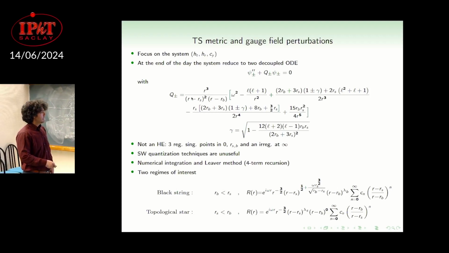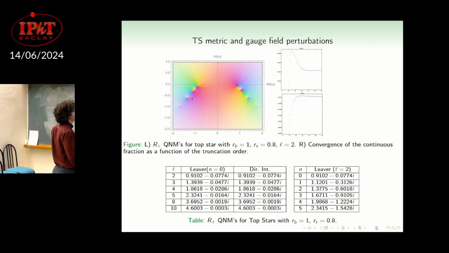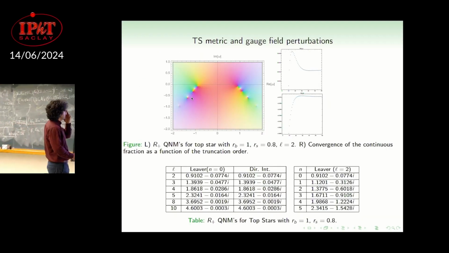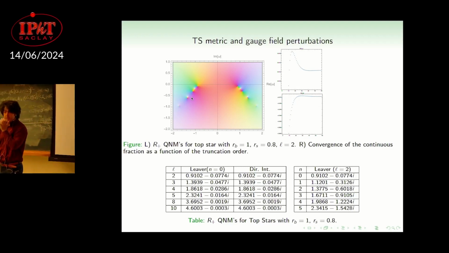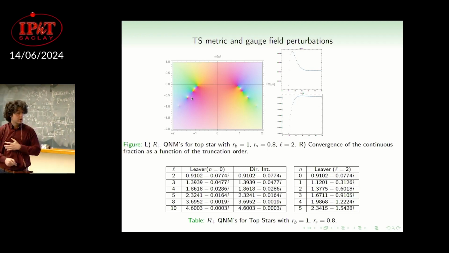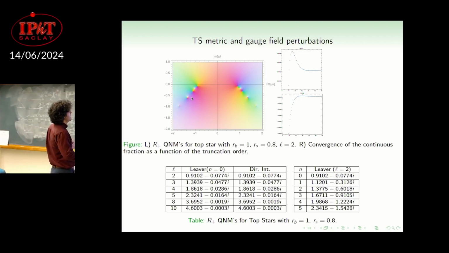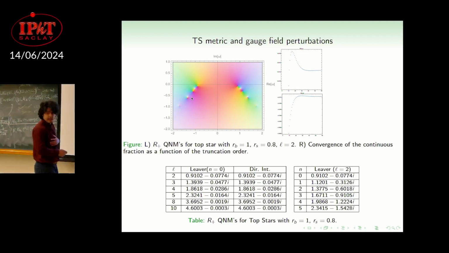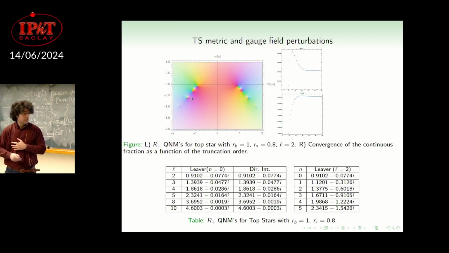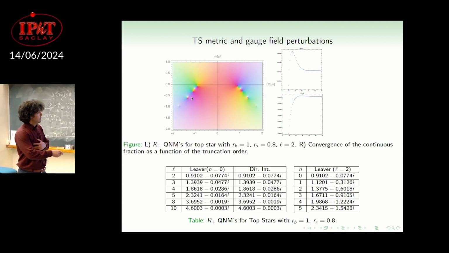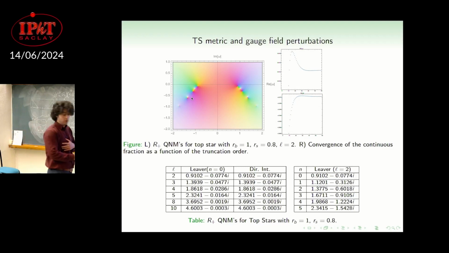So these are the Leaver ansatz. And this is the plot of the Leaver function in the complex plane. You can see that the imaginary part in this peculiar case, R plus, means that I am studying the perturbation for the topological star because RB is bigger than RS. This is the soliton, the fuzzball.